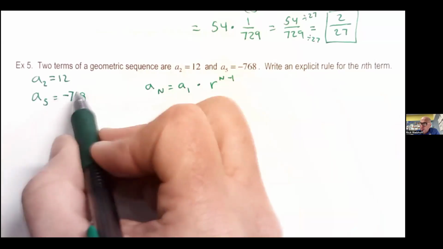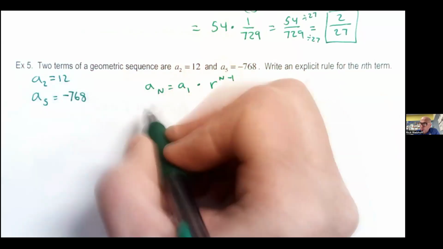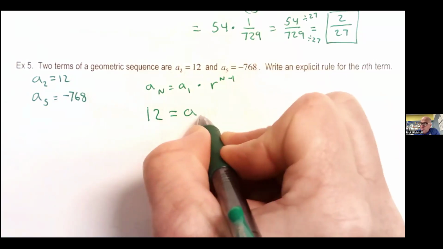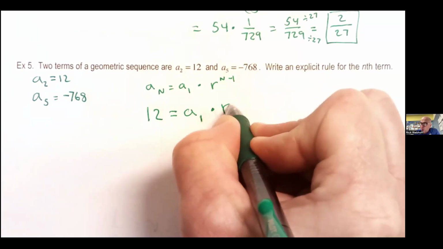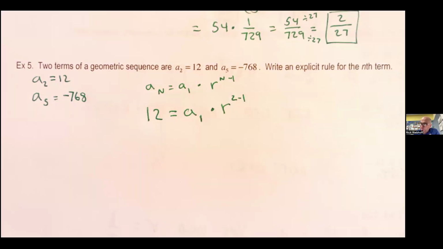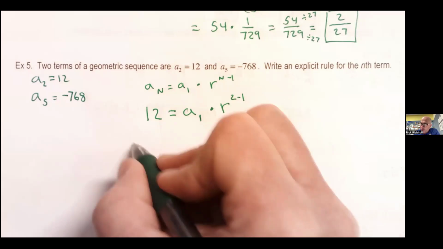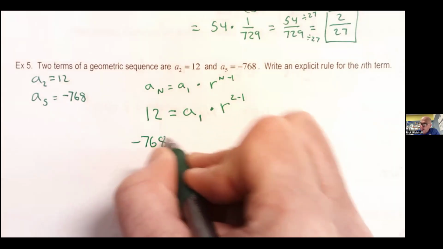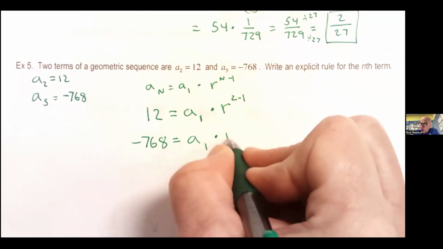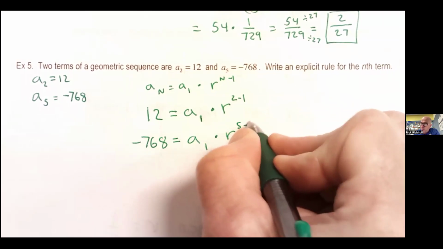So let's plug in. The second term is 12, so that's the first term times r to the 2 minus 1. The other one is negative 768 equals the fifth term, so A sub 1 times r to the 5 minus 1.